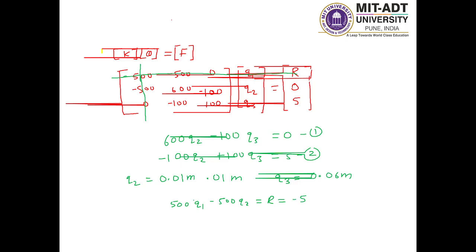So try to put here instead of q1 0.01 and instead of q2 0.06. So in this equation you will have the final value. Reaction at node 1 is minus 5 Newton.